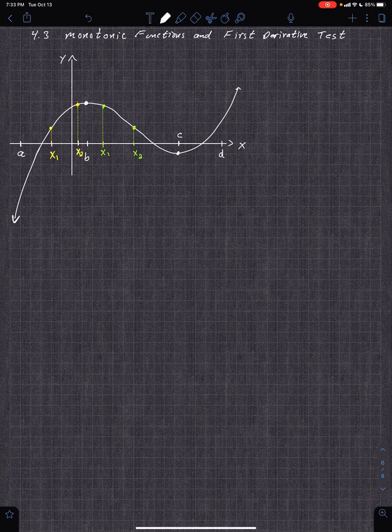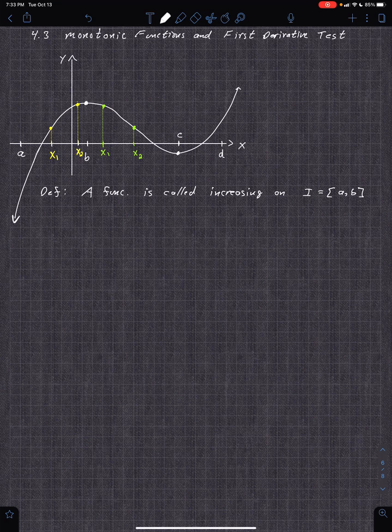So let's look at the definition. This is the definition of increasing and decreasing. So a function is called increasing on an interval I. So just pick some interval from a to b, like that.